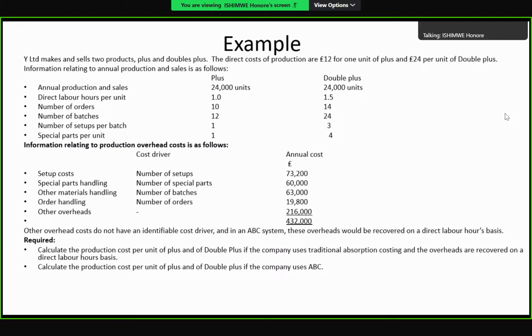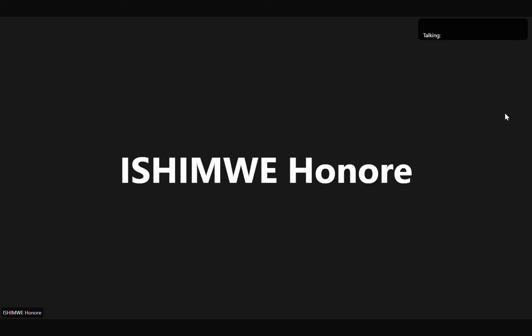Now, calculate the production cost per unit of Plus and of Double Plus if the company uses ABC. Let's go to Excel and work on this. I'm putting the question in Excel so we can work on it.